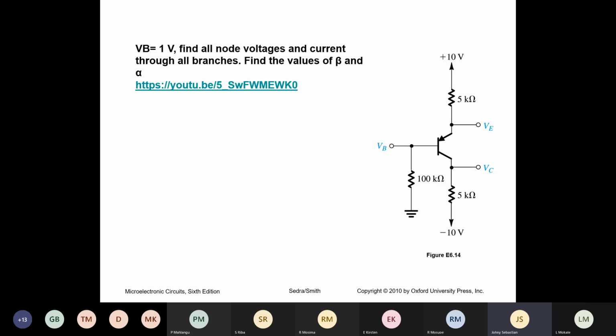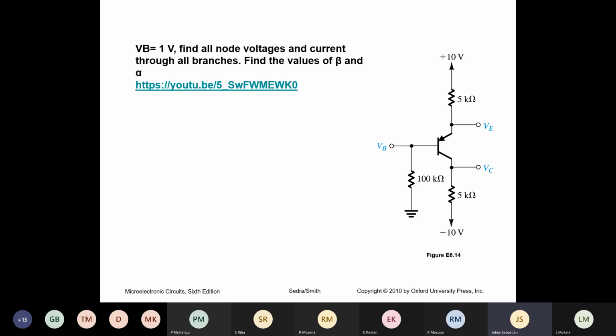So using that, we worked out the current through 100 kilo ohm. That is 10 microampere, which is the base current, flowing through 100K to the ground. So that 10 microampere is actually the base current of the PNP transistor.